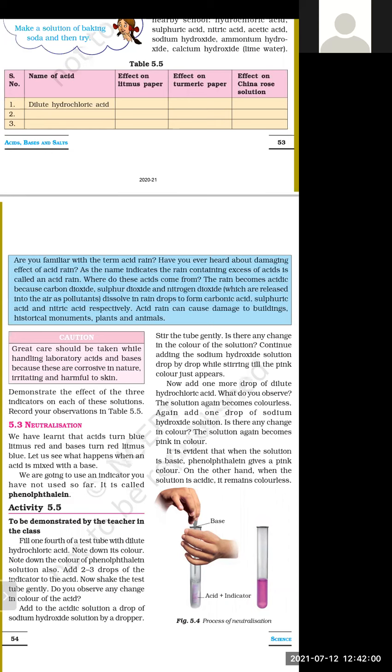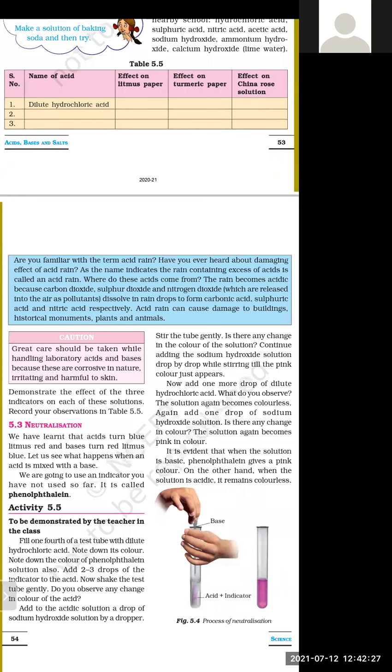The smoke coming from factories or from vehicles like cars, scooters, buses, trucks, all these smokes contain carbon dioxide, sulfur dioxide, nitrogen dioxide. When these pollutants get mixed with the air, it becomes polluted.